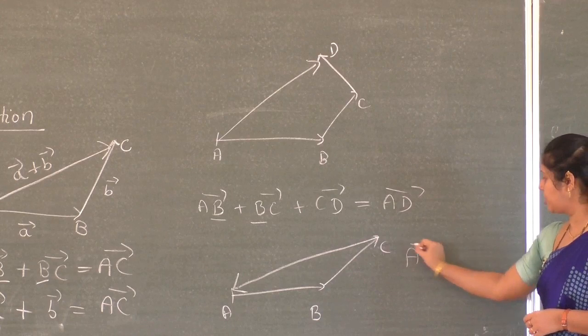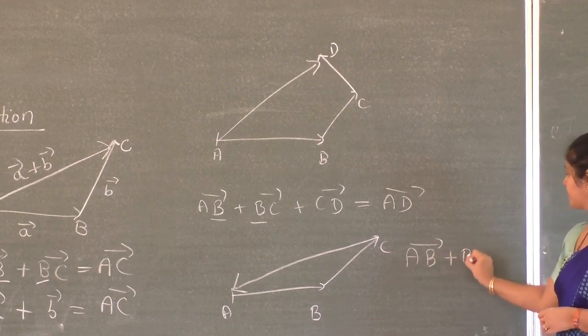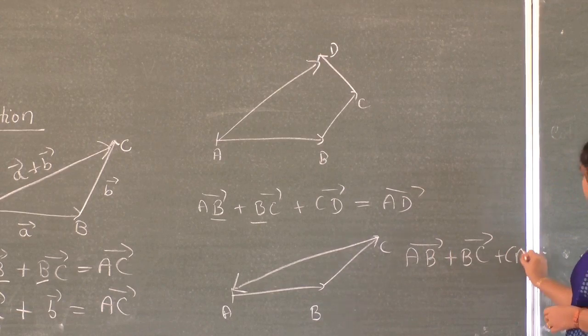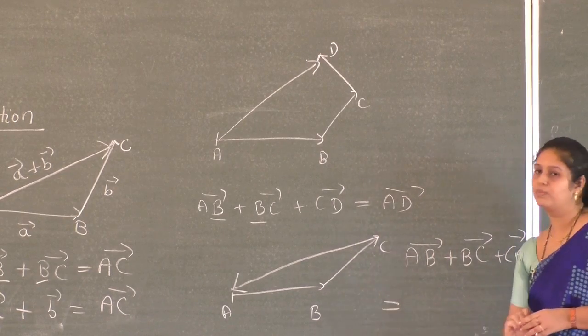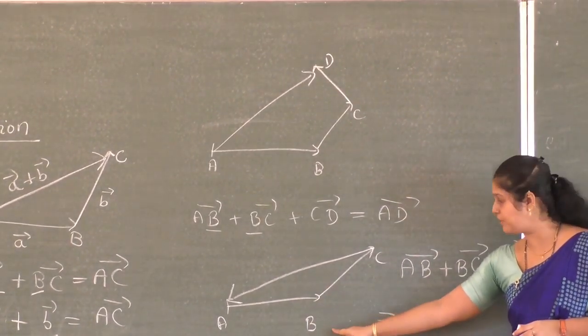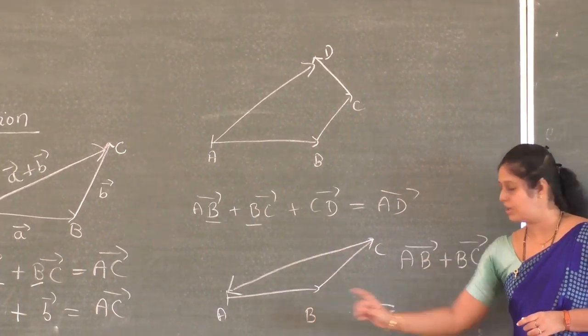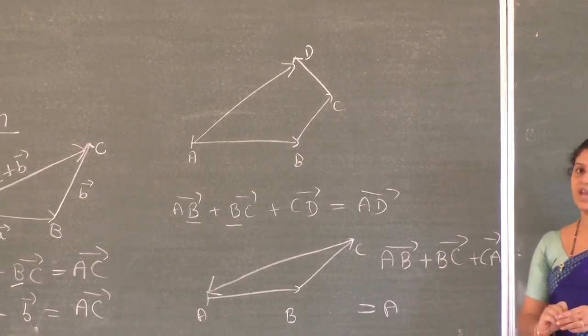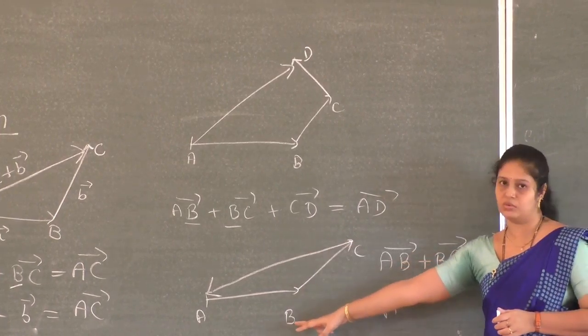Vector AB plus vector BC plus vector CA is equal to, follow the direction normally: A to B, then B to C, C to A. The initial point is A and it returned to A only.